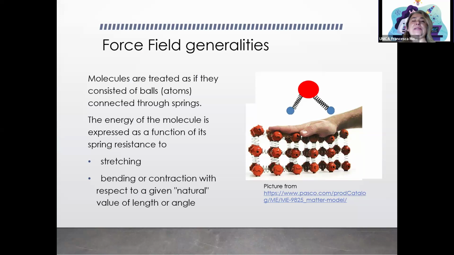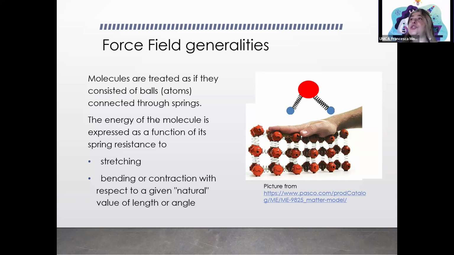Let's see some generalities about the force field. When we use force fields to simulate molecules, somehow we consider the molecules as formed by balls, that are the atoms, typically, in coarse-grained simulation they can be groups of atoms, that are connected through springs.